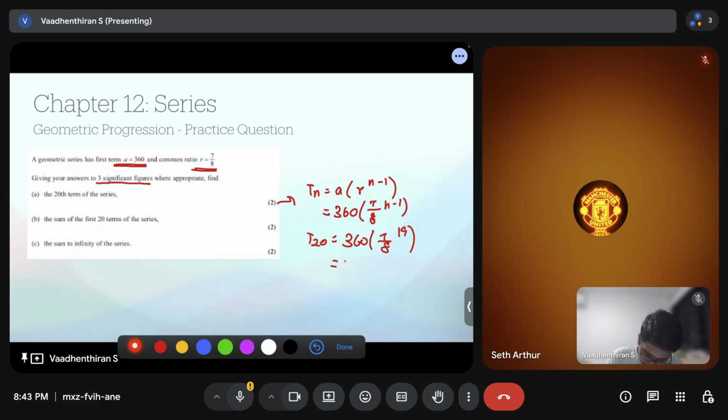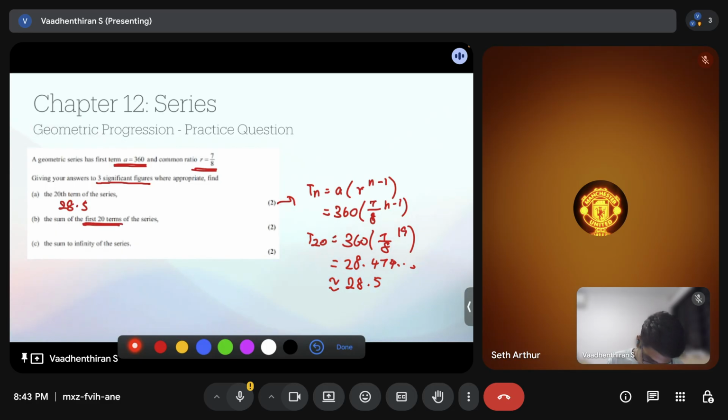It's about 28.474, which when you write it in three significant figures will be 28.5.